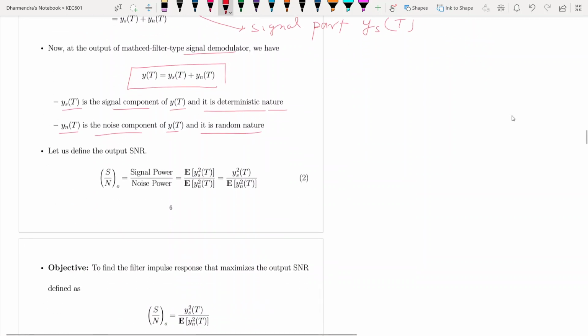So let us define the output SNR: signal power divided by noise power.